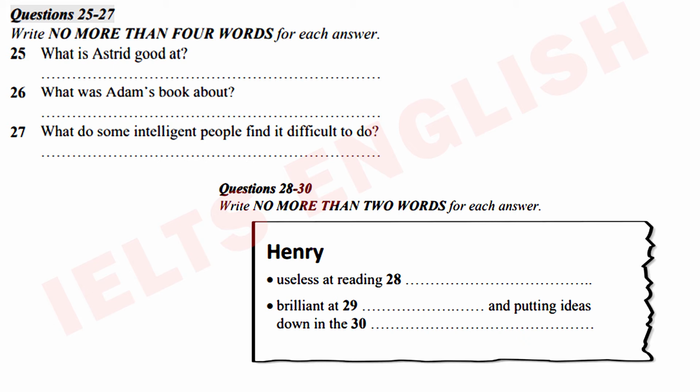As you listen to the next part of the conversation, write no more than 4 words for questions 25 to 27, and for questions 28 to 30, write no more than 2 words for each answer.